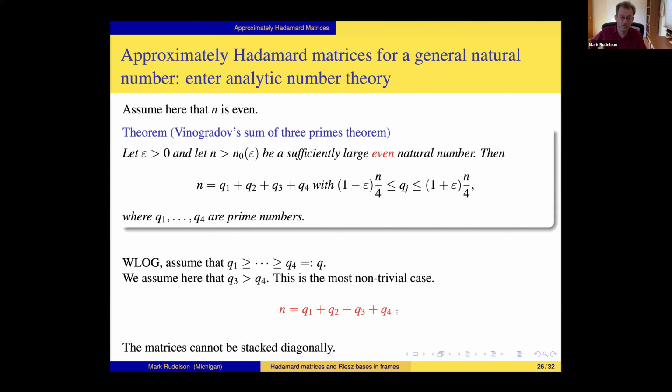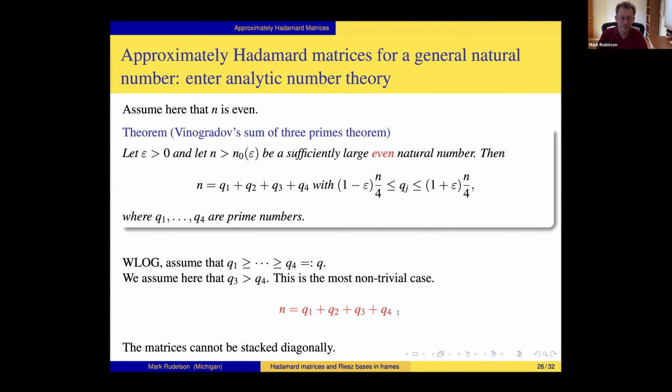The easiest way would be to stack them diagonally, because the sum of the sizes is exactly the size we want. But this wouldn't work. The block diagonal matrix will be an almost isometry. But we have a large empty blocks, and we ran out of material. We already used all 4 matrices.